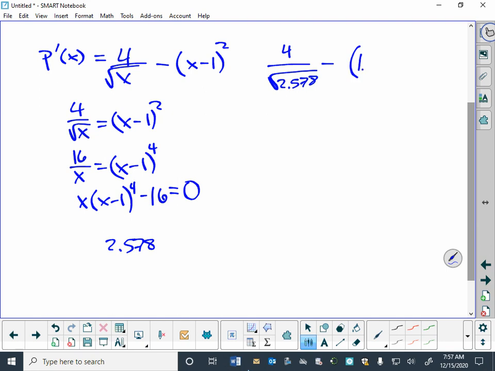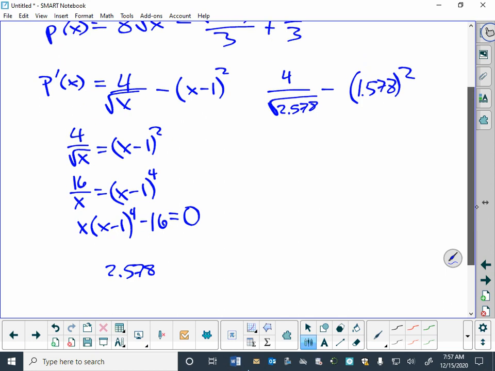So if I go 4 divided by the square root of 2.578 minus 1.578 squared, that actually gives me, oh, I was putting that into the derivative, that's where I get the 0.